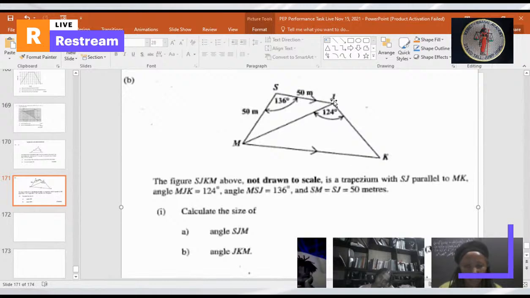Oh wait, Miss. But J to K to M, they want this angle. So Miss, we already know J and M. 22. Okay, so we know that this is 22 and this is also 22. 56. So how are we going to find this?